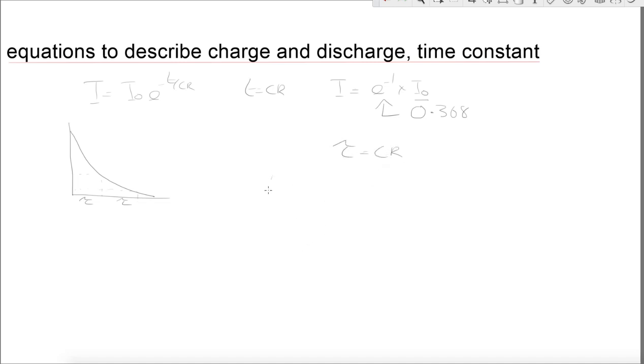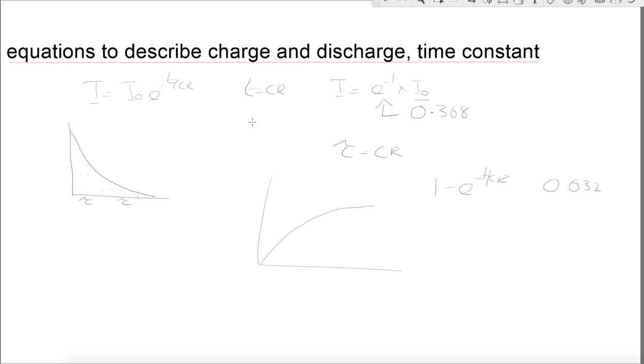And of course, if you're talking about the potential difference across the capacitor charging, then it's 1 minus e to the minus t over CR is your factor, which means it's 1 minus 0.368, 0.632. So you could define the time constant as the time for the PD across a charging capacitor to rise to 0.632 of its final value. So two definitions of time constant.